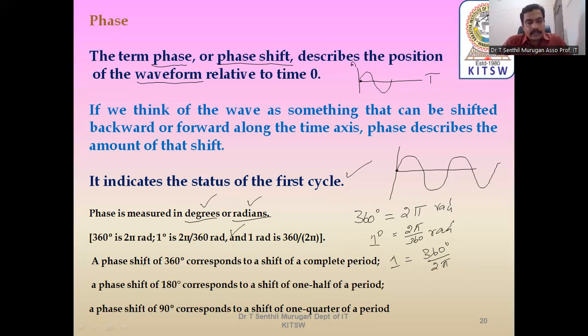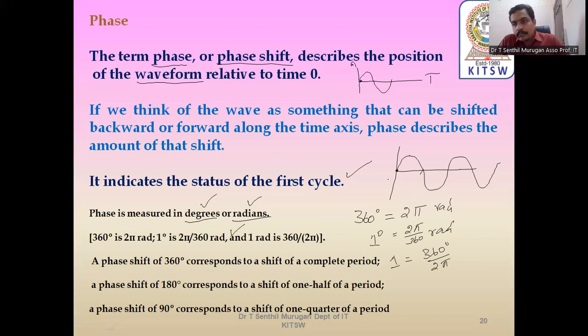Here you see a phase shift of 360 degrees corresponds to a shift of the complete period. 0 degree, 90 degree, 180 degree, 270 degree and 360 degree.